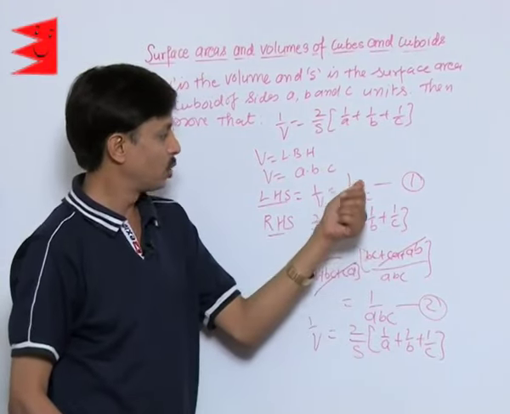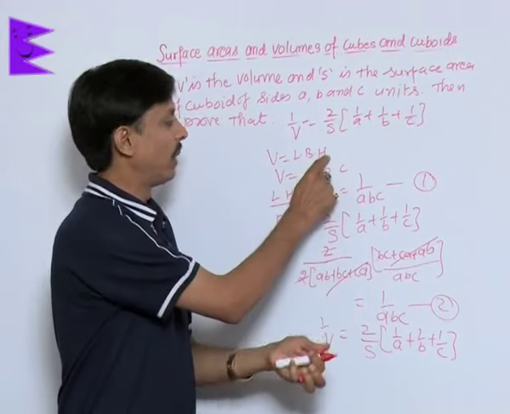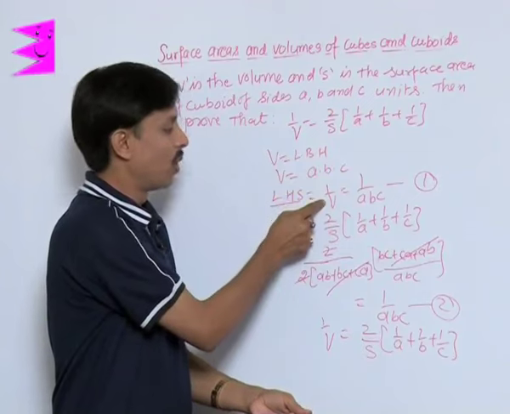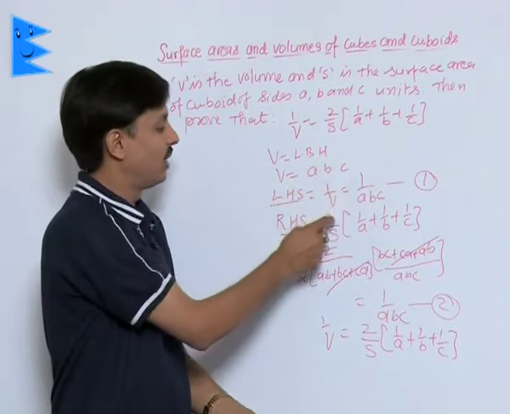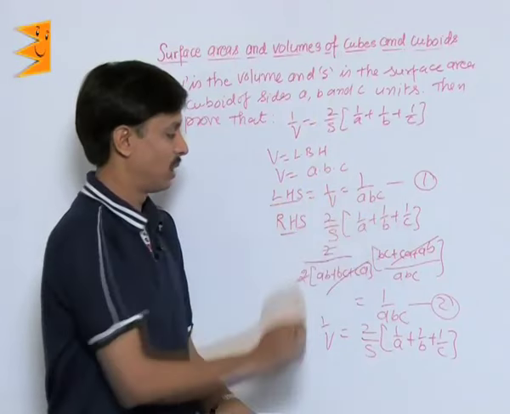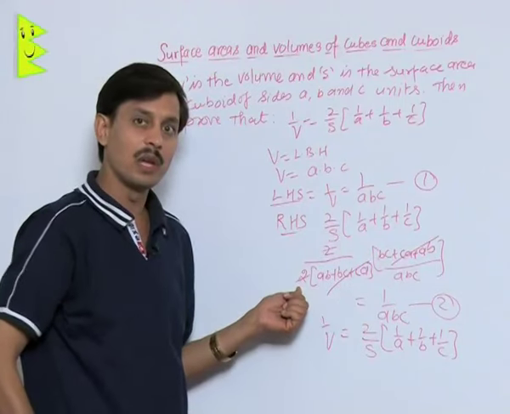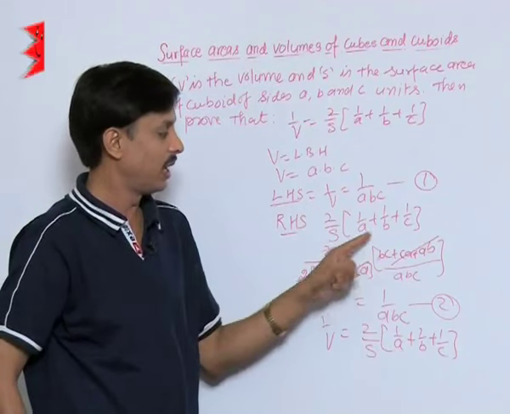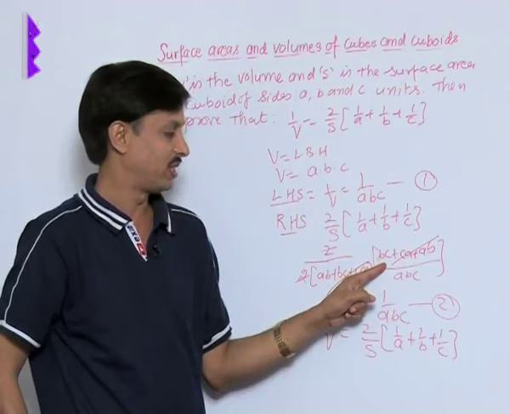The proof is shown here. The left hand side is length into breadth into height, volume ABC, and 1 upon V means 1 upon ABC. The right hand side is 2 by S multiplied by 1 upon A plus 1 upon B plus 1 upon C. The value of surface area in the case of the cuboid is given by 2 into AB plus BC plus CA, and after taking LCM we get the numerator of this component as the same.